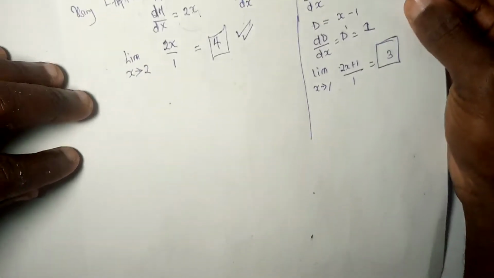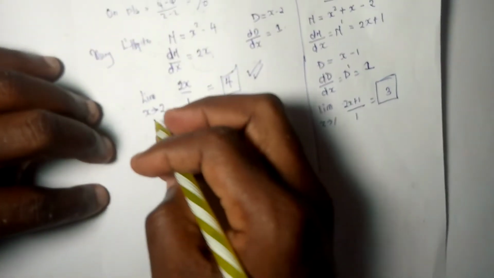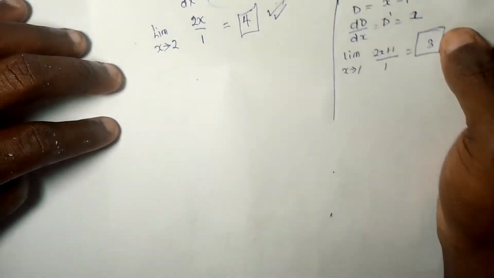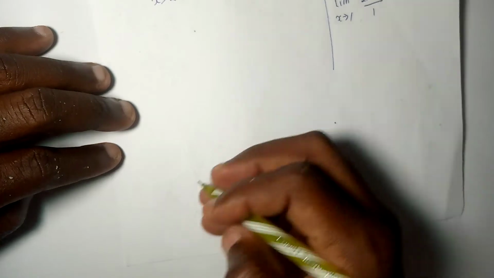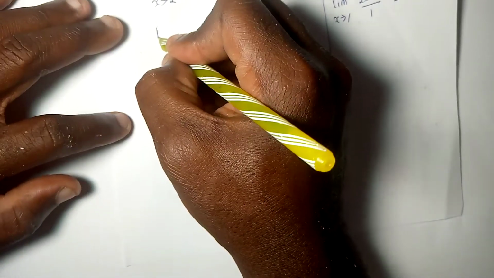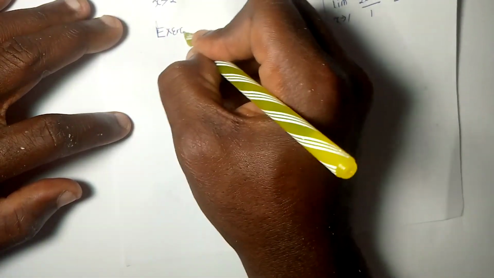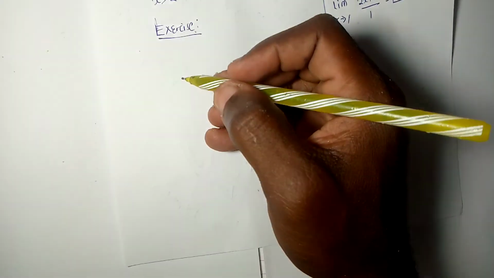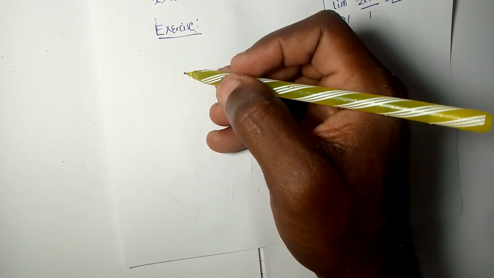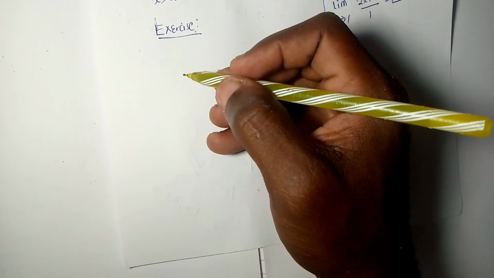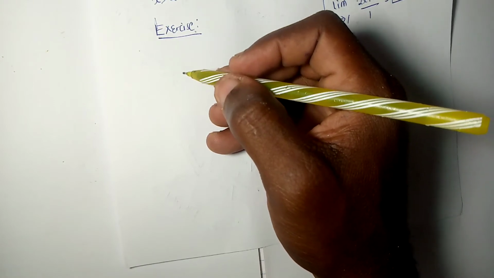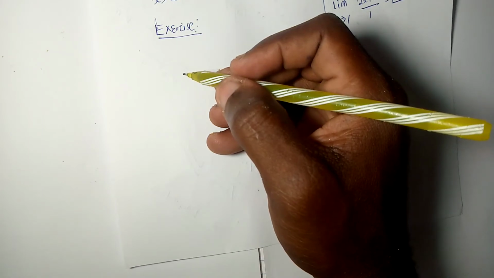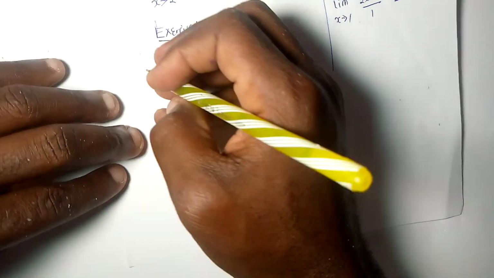So for our exercise today, I'm going to write it here. Let me push up, I don't have enough room. Our exercise: you're told to evaluate the following limit using L'Hopital's rule.